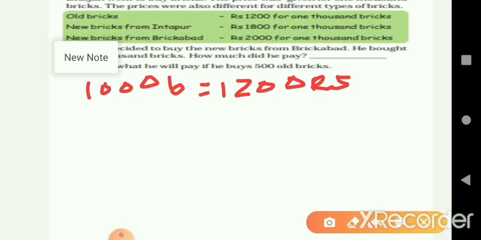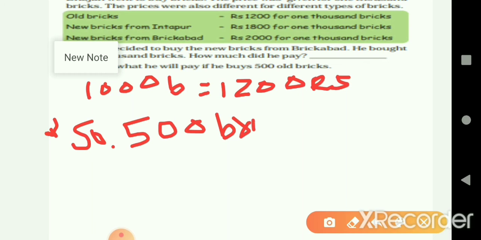But here he wants only 500 bricks, and 500 is half of 1000 bricks. So obviously he pays half the money for the bricks. So 500 is half the money, half the bricks of 1000.